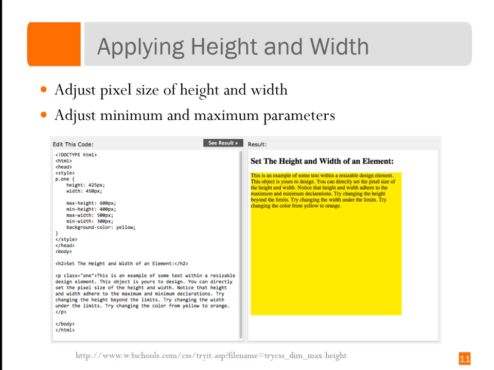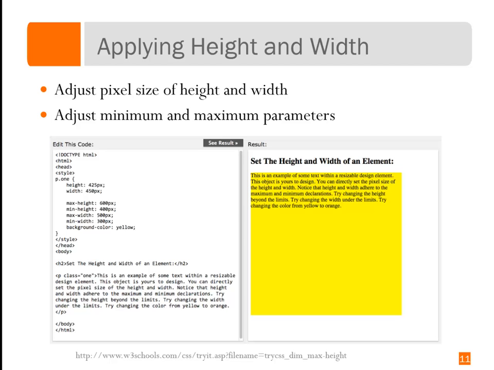However, we could change our height to 375 pixels and then leave the min height parameter the same. Now, if we've done that, what's going to happen in our viewable result is we're actually going to see a viewable area of 400 pixels.